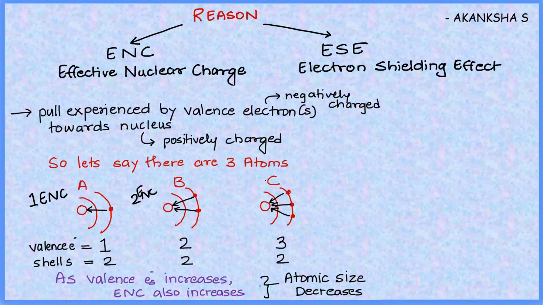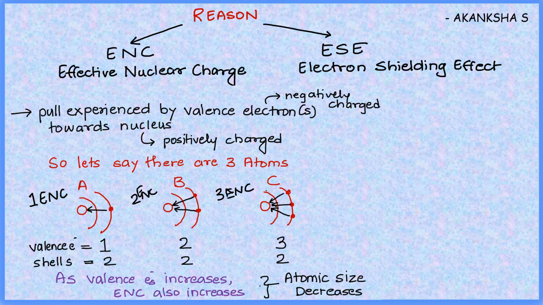See over here, while we are talking about C, we have 3 ENC. 3 ENC meaning the 2 electrons are being pulled individually, and now a third electron has been added. When you add this third electron in the valence shell, what is happening? The nucleus needs to pull that as well, right?